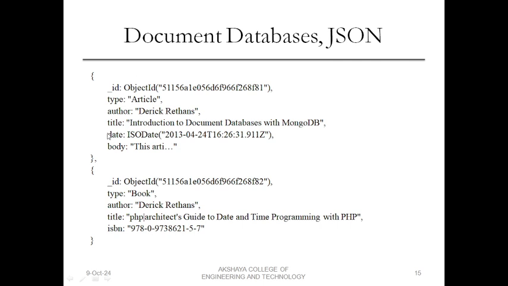For example, here we don't have title, ISBN. Here you can see that we don't have date and body. So this is a record and this is another record. Both don't have similar fields or similar keys. So we can see that it is semi-structured, and each and every record can have different key and value pairs.